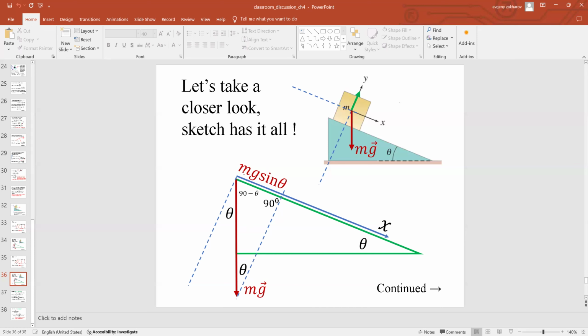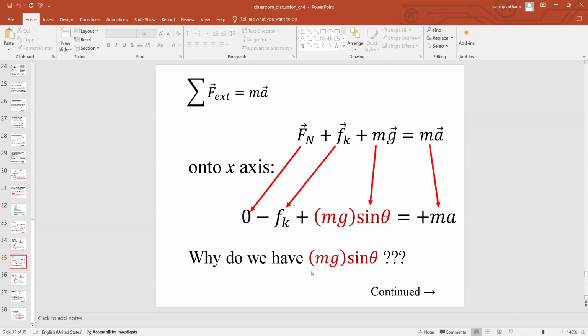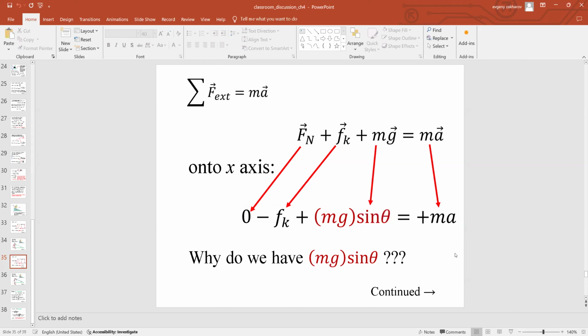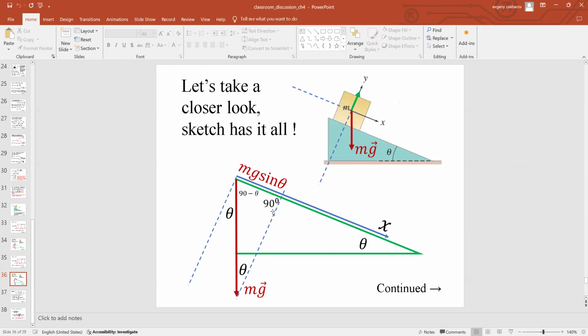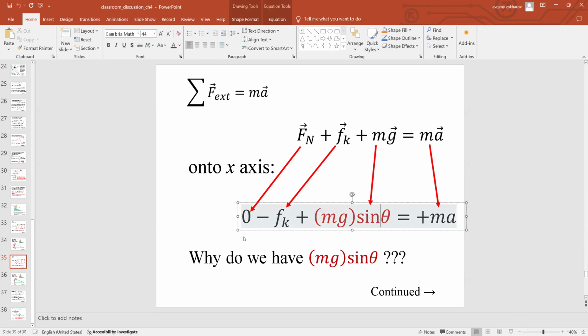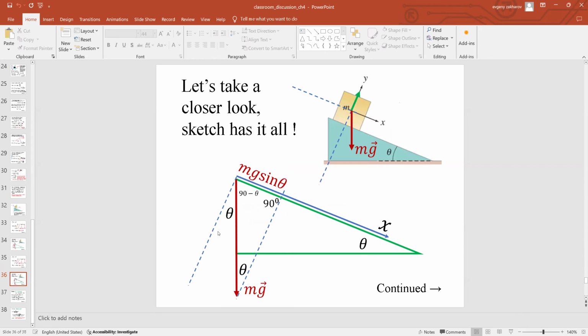And as long as it's opposite, it's got to be the sine function that defines the component onto the x-axis. So it's positive, and it's not just mg by itself. It's at an angle, and it's the sine of that angle that we're talking about now. So mg sine theta, that's the part of the dynamics equation onto the x-axis.